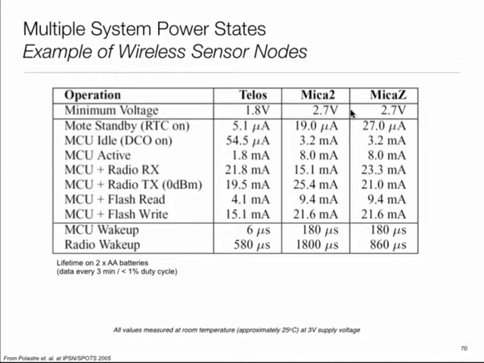Now, let's say I have AA batteries, and I'm running this thing on 2.7 volts. If it's 1.5, clearly I cannot run these things on a single AA battery. So I have to run it on 2 AA batteries. Now, what happens when a battery dies?